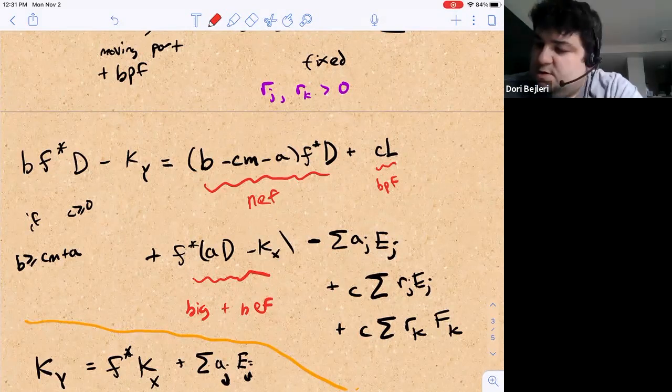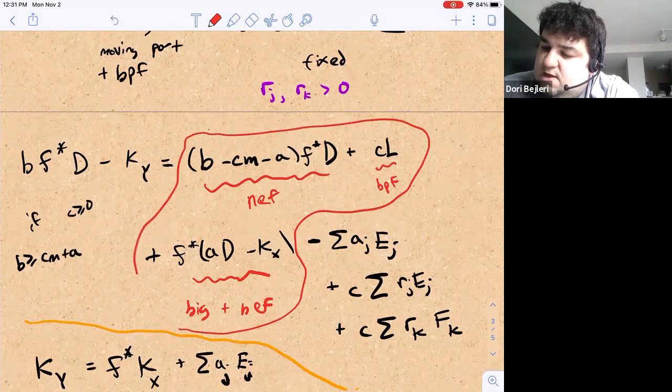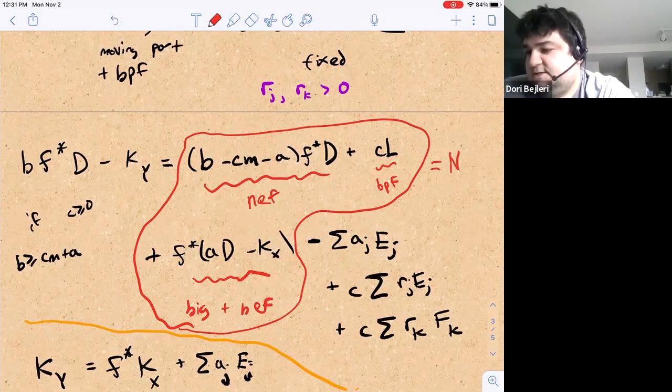And so we're just going to absorb all of this stuff into our big Nef divisor N. And if you think about it, this depends. So A is fixed. A is in the hypothesis of the theorem.